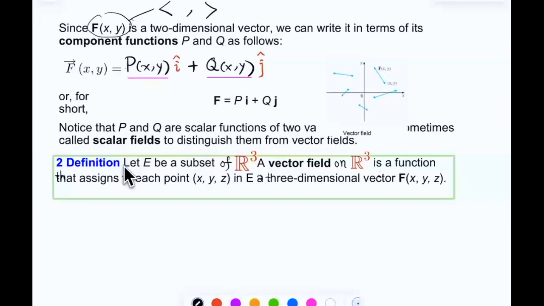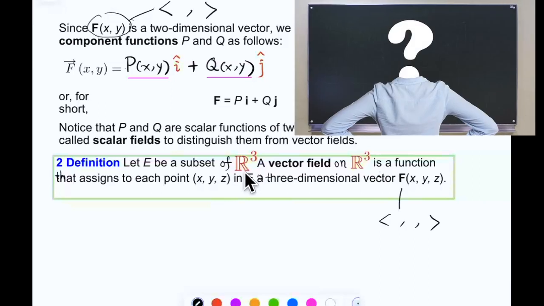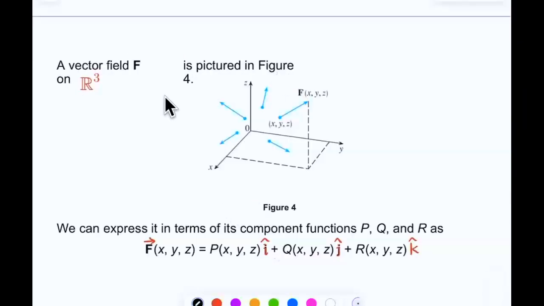Now this definition just extends the definition to R3. If you have a set in R3, a vector field on R3 is a function that assigns to each point x, y, z in the domain of the function a three-dimensional vector F of x, y, z. So R3 is mapped to V3. And here's a picture of a vector field on R3.